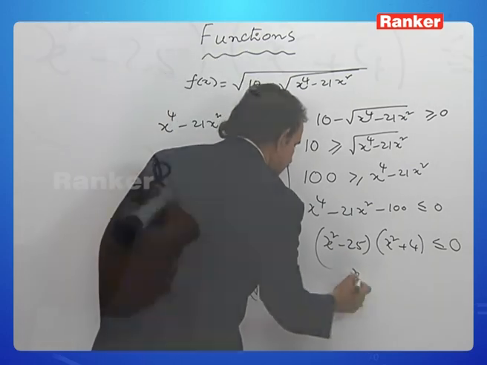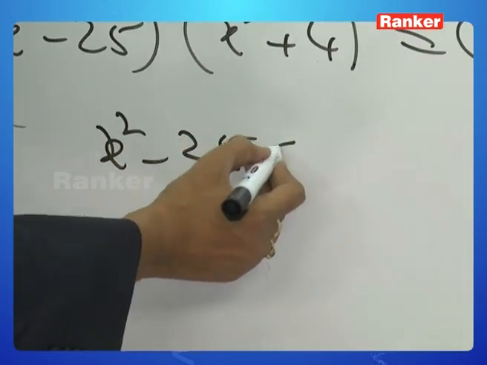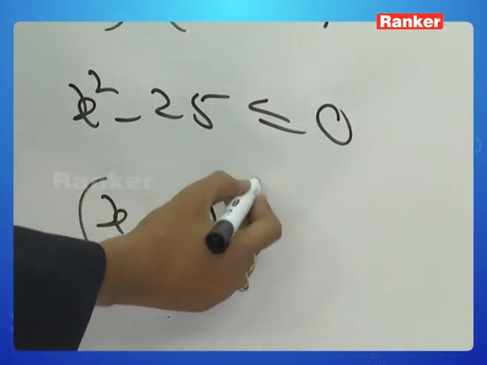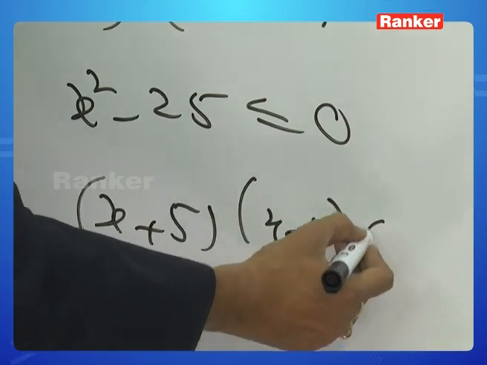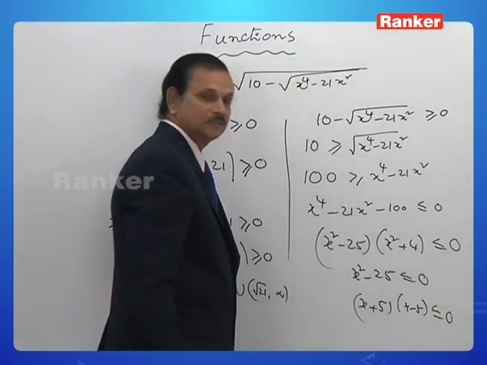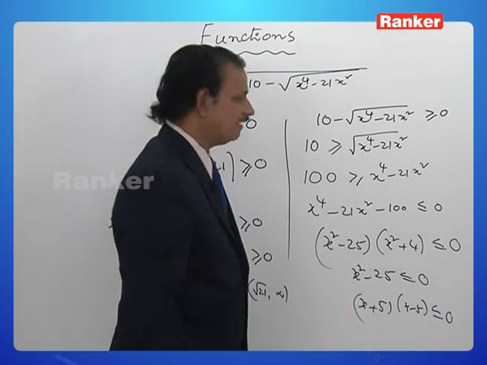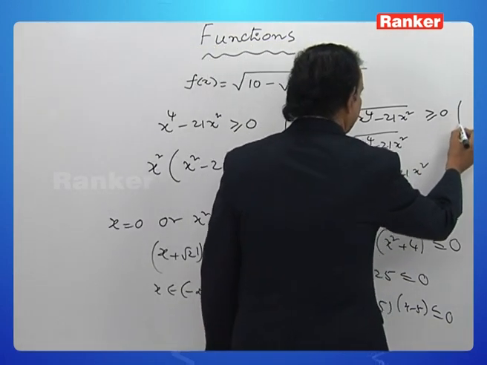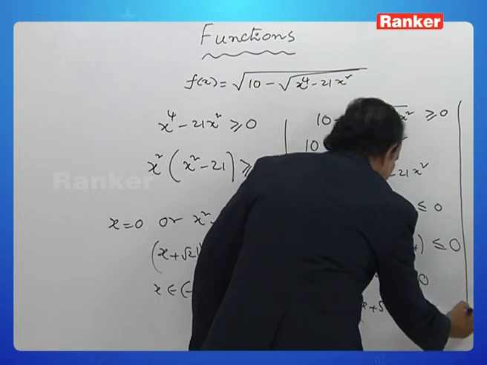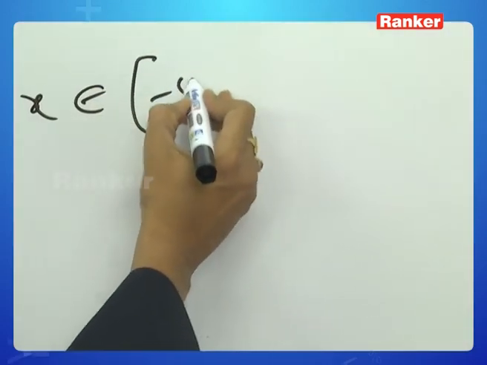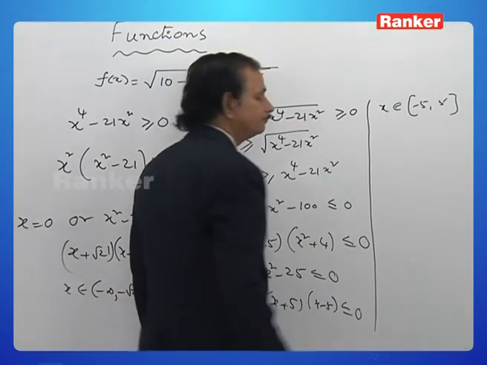That is, x square minus 25 is less than or equal to 0. That is, x plus 5 into x minus 5 less than or equal to 0. From this, we can trace that x should lie between minus 5 and 5. That is, x belongs to closed interval minus 5 to 5.